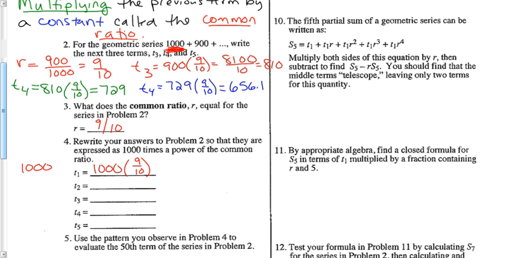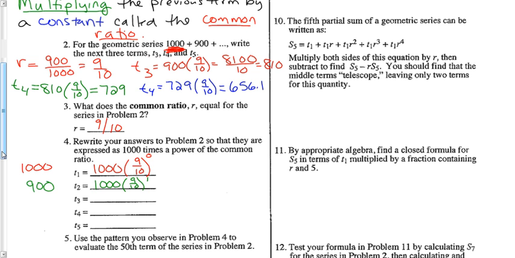So I really need this to end up being 1,000, so my common ratio doesn't need to be multiplied by this. I need to multiply 1,000 by 1, which means the exponent for that first term has to be 0. Now for term 2, we know that that was 900. So that's going to be 1,000 times 9 over 10, raised to the first. If I take 1,000 and multiply it by my common ratio, I'm going to get 900.